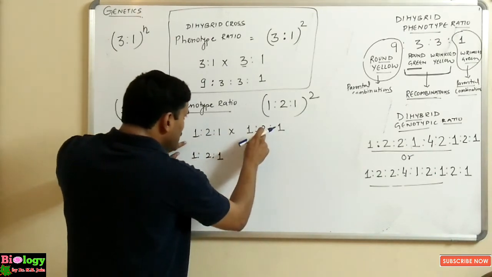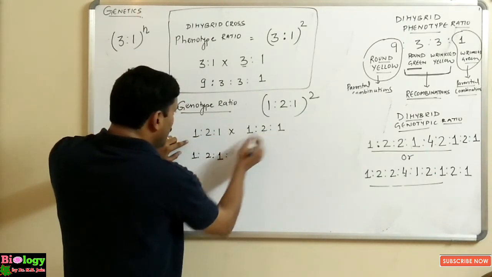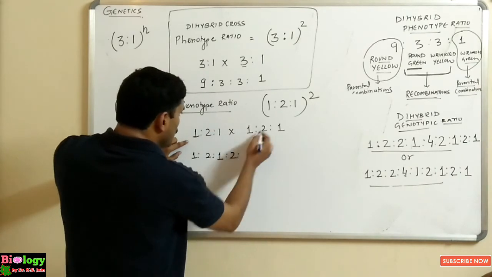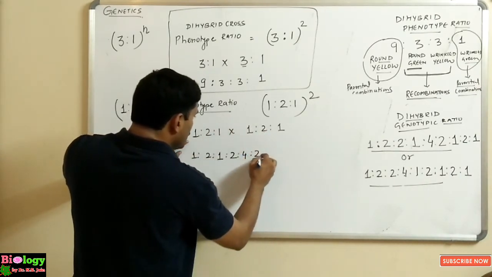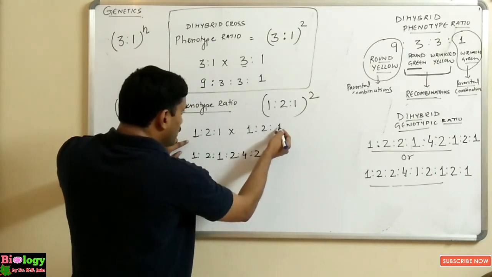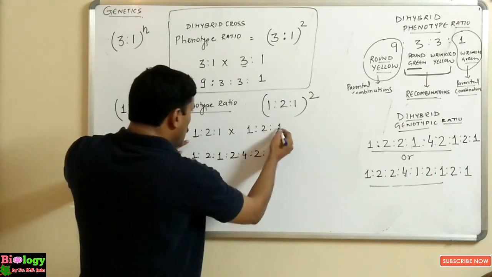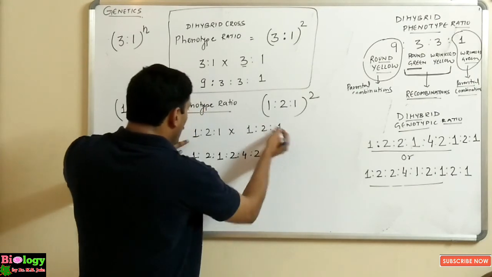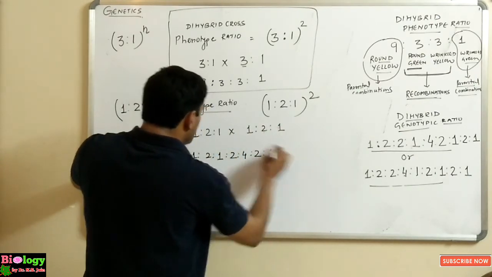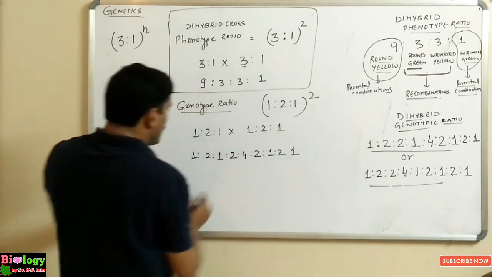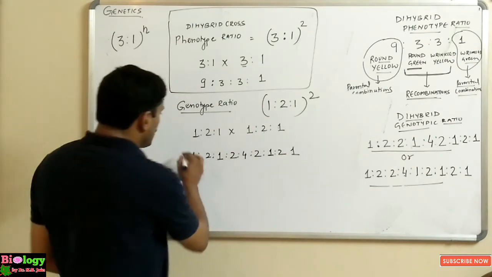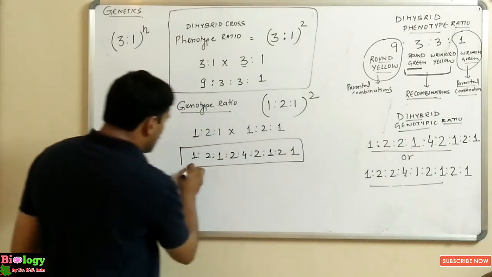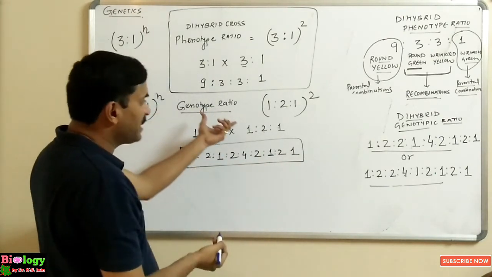Now multiply this 2 with these three numbers: 2 times 1 is 2, 2 times 2 is 4, and 2 times 1 is 2. Again, multiply this with these three numbers: 1 times 1 is 1, 1 times 2 is 2, 1 times 1 is 1. So again I have got this type of ratio. So this is the genotypic ratio.